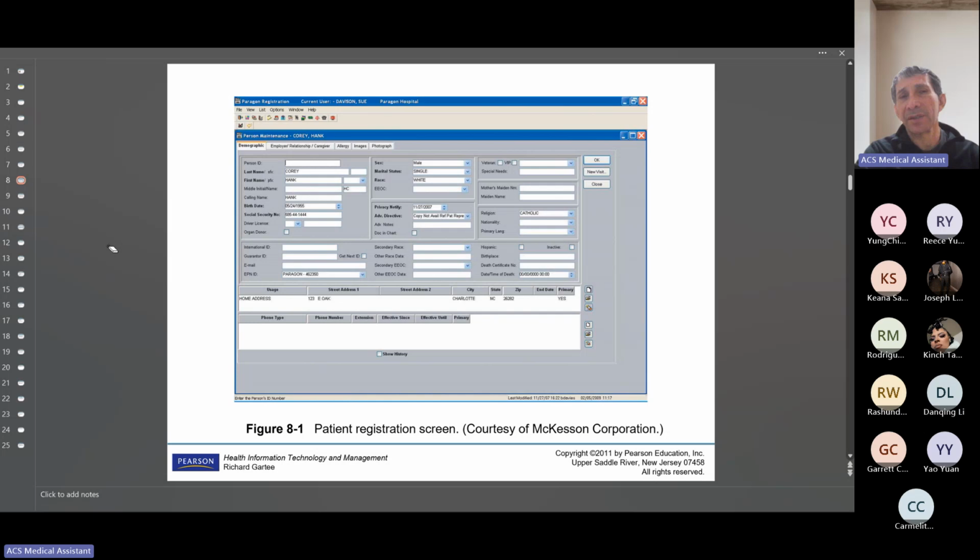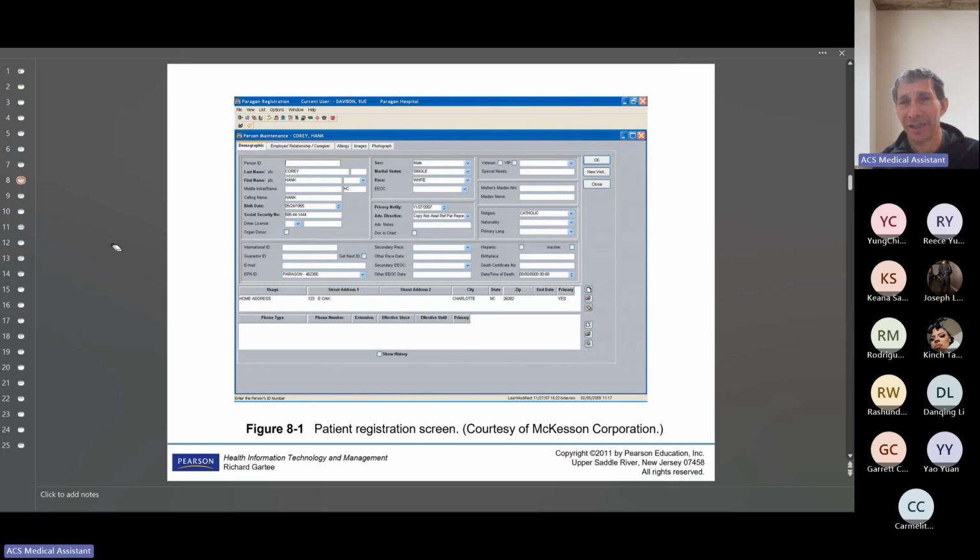So here it is, part of this patient registration screen form. When you're going to register your patients, if it is a new patient, they're going to ask you, because the only time that you register the patients and you pull out this form to be completed is when you have a new patient or when you have to update the patient registration form.